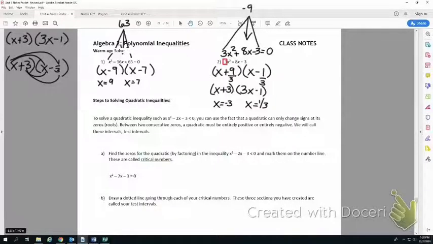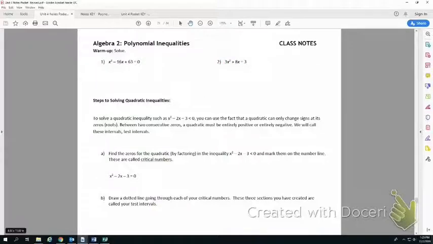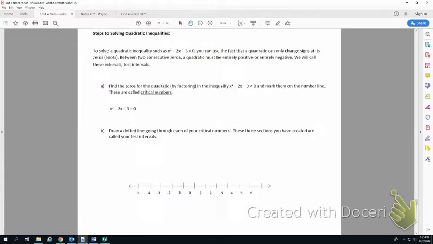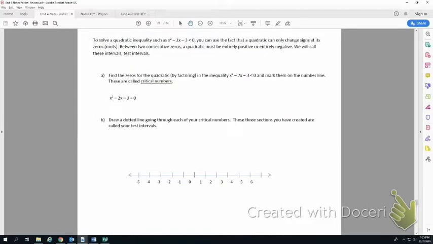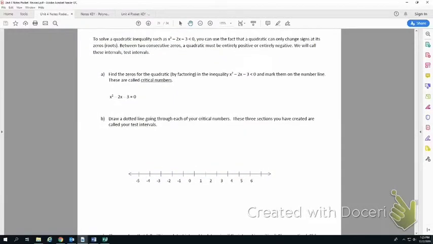Okay, and so we'll walk through this first one, x squared minus 2x minus 3. It says to solve one like that, you can use the fact that a quadratic can only change signs at its roots. Between 2 consecutive zeros, a quadratic must be entirely positive or entirely negative. We will call these test intervals.